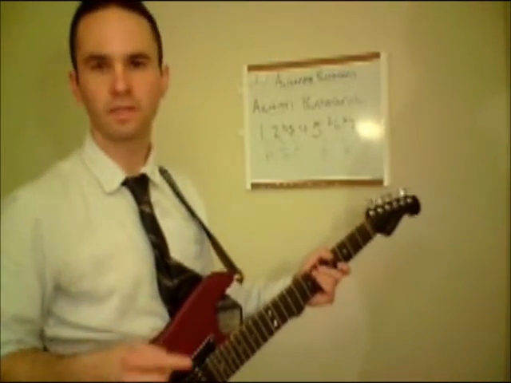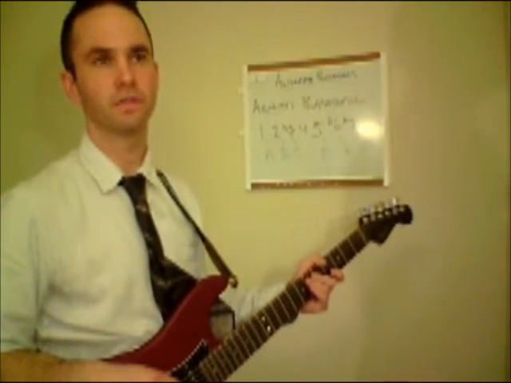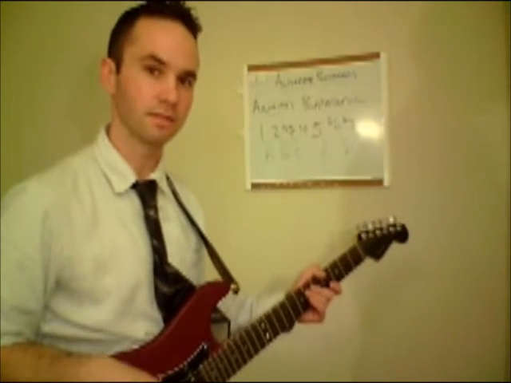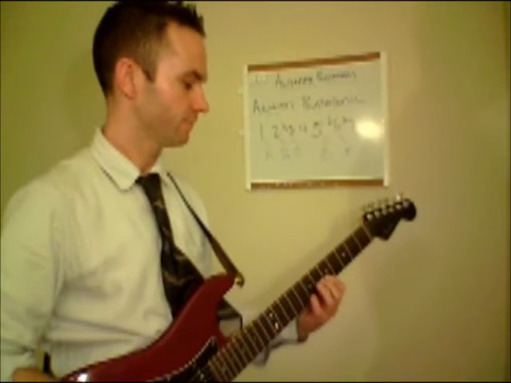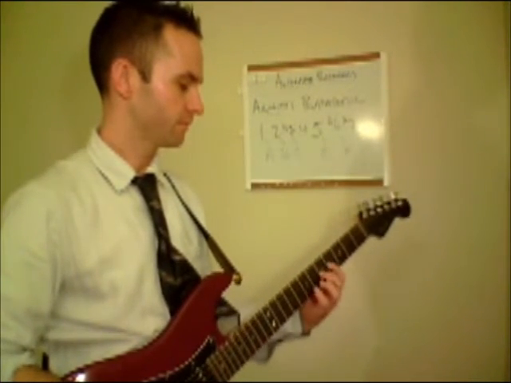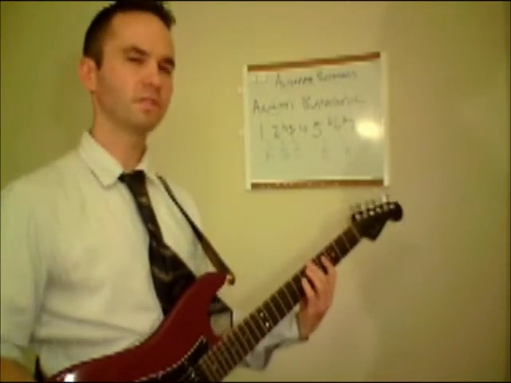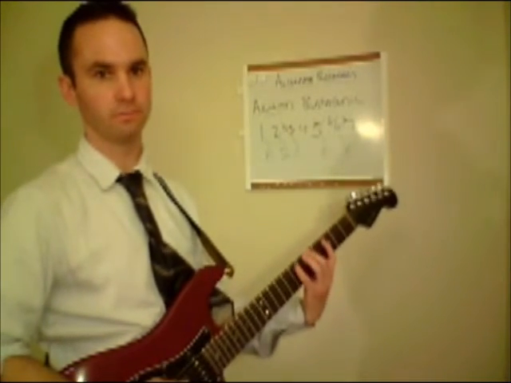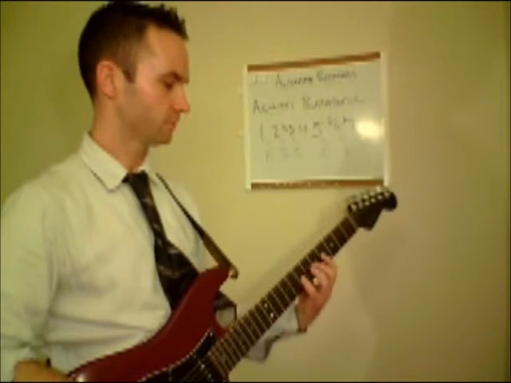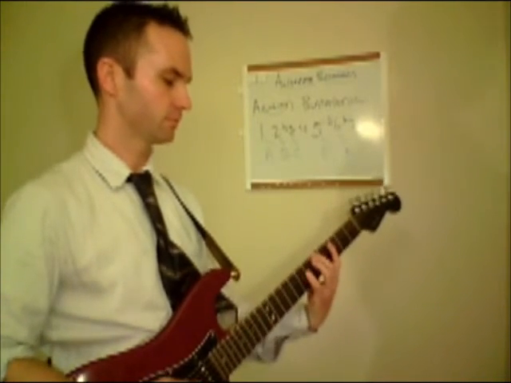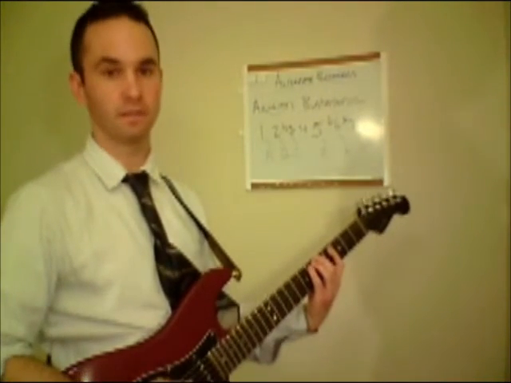So again, there's a couple of half steps in this scale, which is uncharacteristic of a pentatonic scale itself. Let's hear the regular Aeolian mode. Now let's hear the pentatonic scale again.